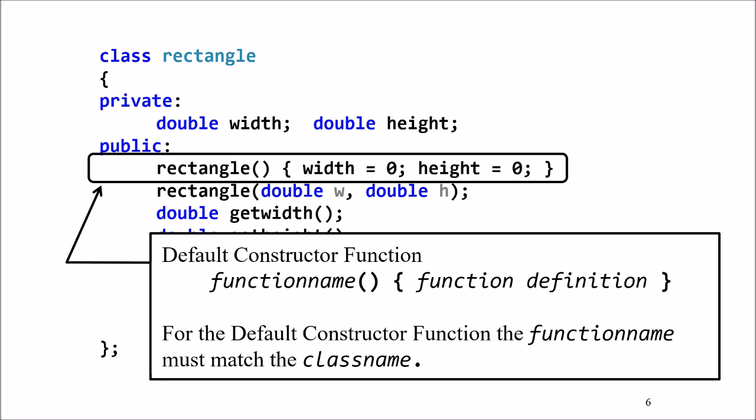You could have the curly braces with blank space in between, and then the default constructor would construct an object when this function call is made, but it would not assign values to the data members. With the function as written here, we're assigning the value 0 to the width data member and assigning the value 0 to the height data member.